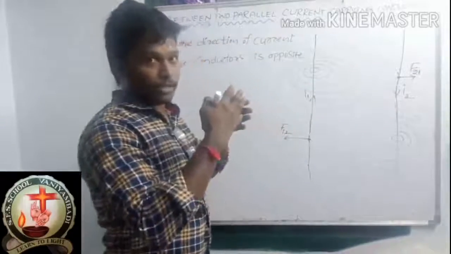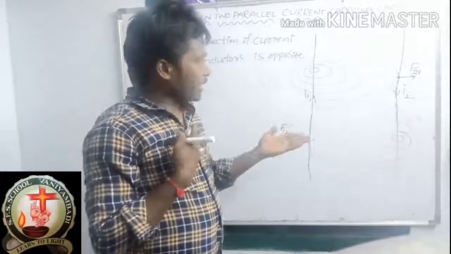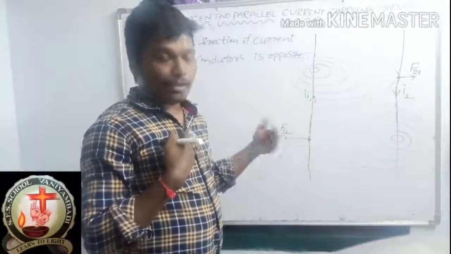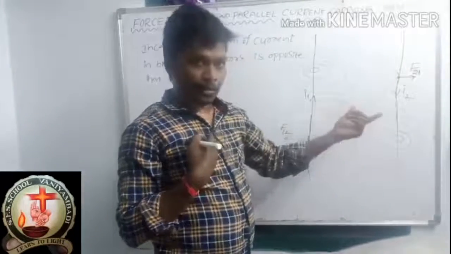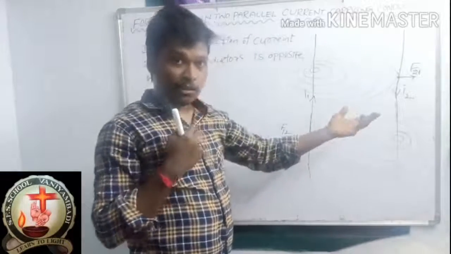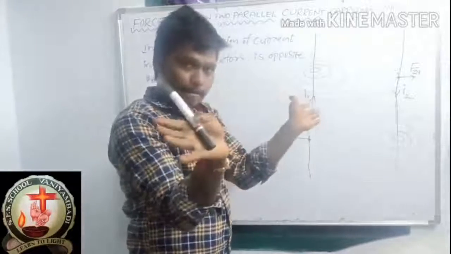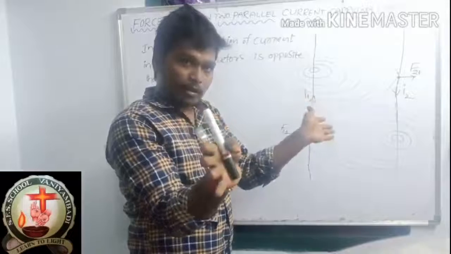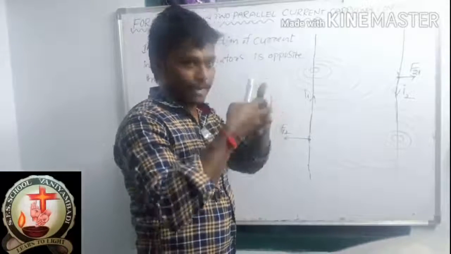In the before case the direction of current is the same, so the forces acting between the conductors are attractive. Here the direction of current in both the conductors is opposite. So in this condition, what is the direction of force? Forces are repulsing. Before, the force of attraction was formed because the forces were attracting.